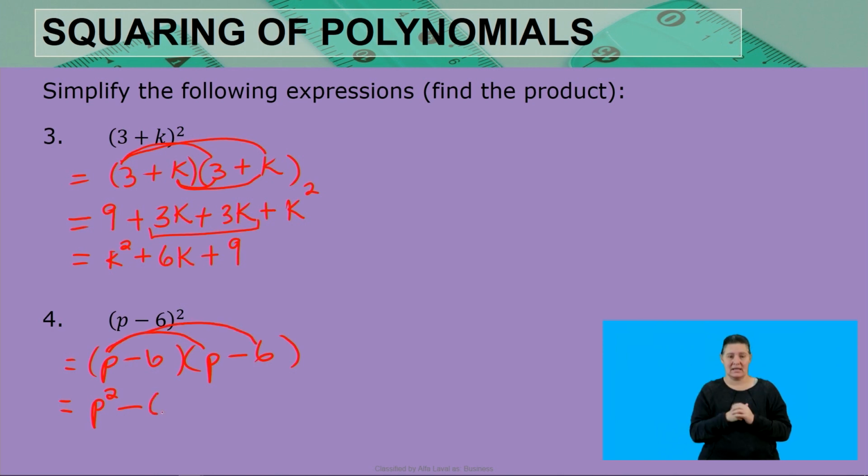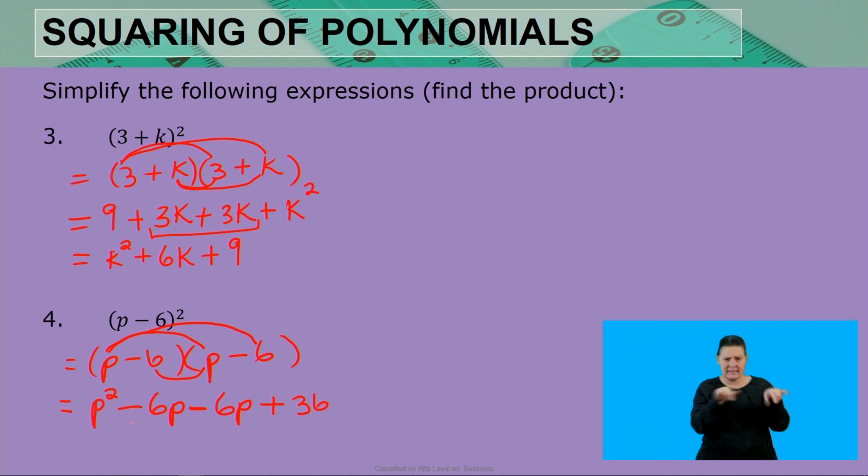That is going to be 6p. Again, we are subtracting, then what is 6 multiplied by p? That is going to be 6p. And again, we are subtracting, but because we're subtracting in both brackets, subtracting a negative gives us a positive. So that is going to be 6 multiplied by 6, and that is going to be 36.